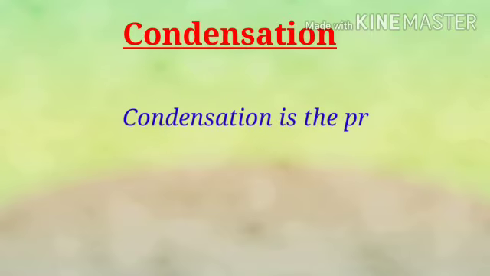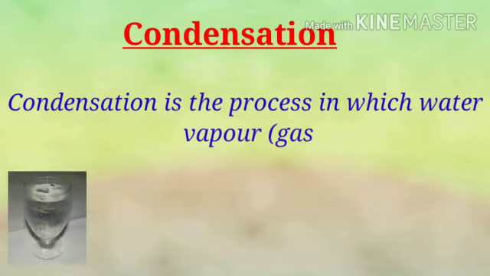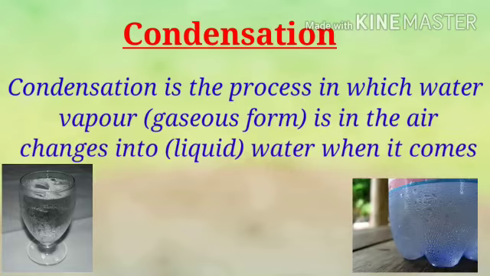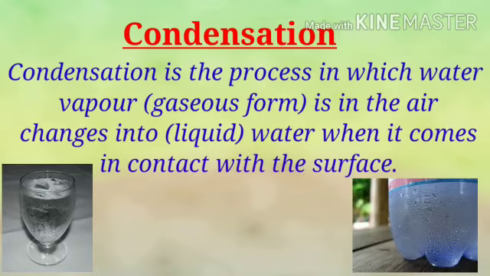First term is condensation. The meaning of condensation is the process in which water vapor, that is a gaseous form, in the air changes into liquid, that is in water form, when it comes in contact with the surface.